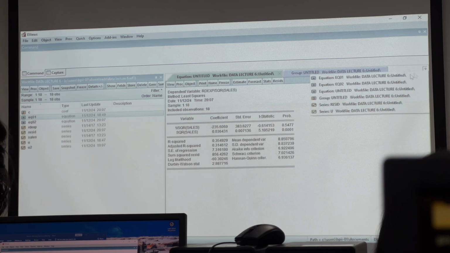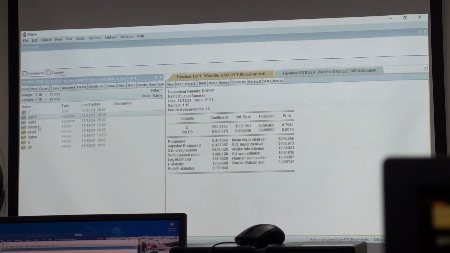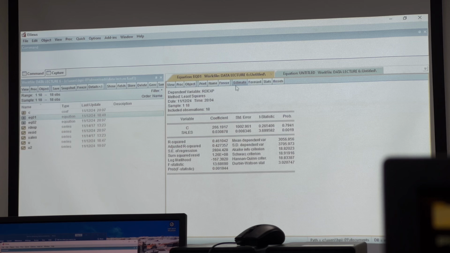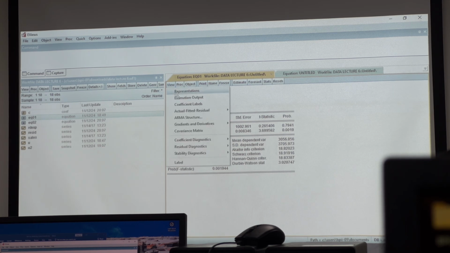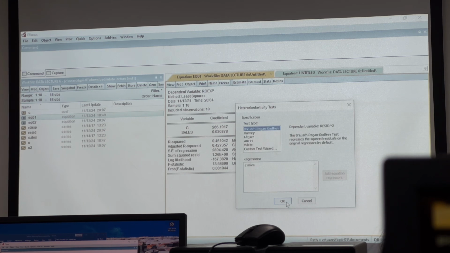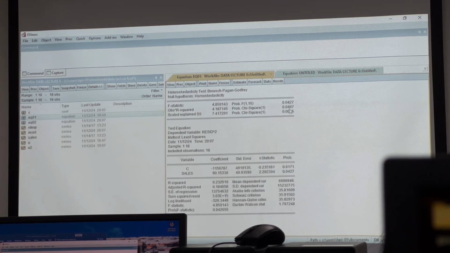I want to have equation 1 and the latest one. Okay. So previously, when we performed the original equation, it failed the Breusch-Pagan test, because the p-value is 0.04.